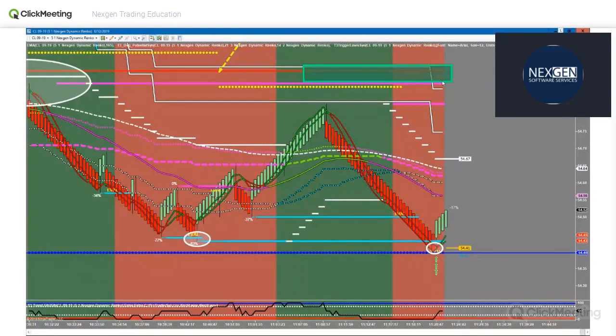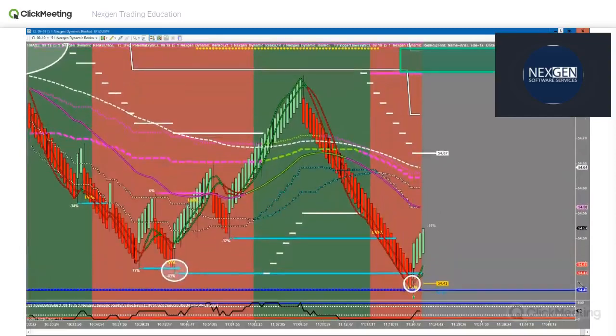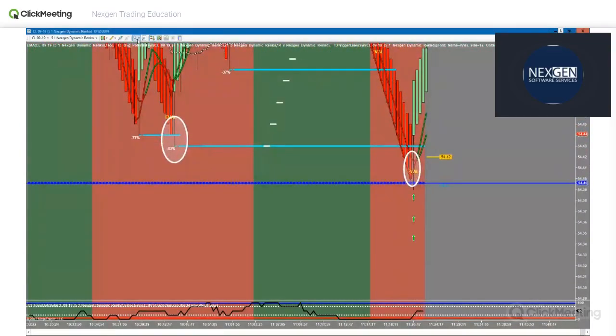And look, more than most likely, it's going to make it all the way back up to this green box, because we usually go from fibs all the way back up to other fibs. So if you were doing this trade correctly, per the rules, you would be in exactly somewhere between that line and this fib. Sometimes they cheat a little bit and put it in between, but that's your window.